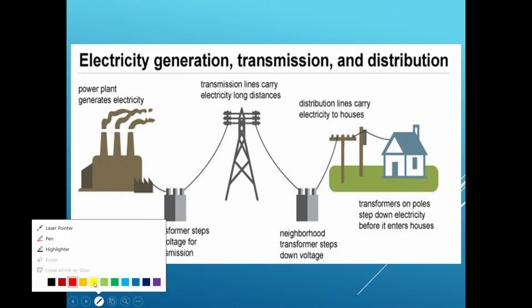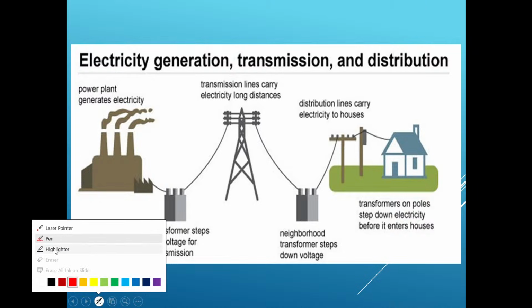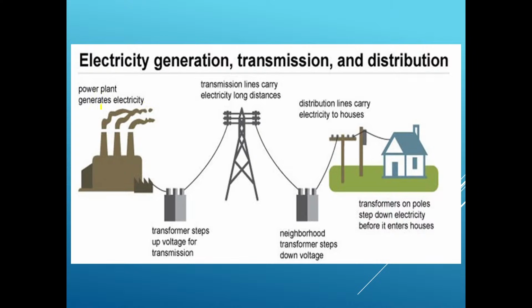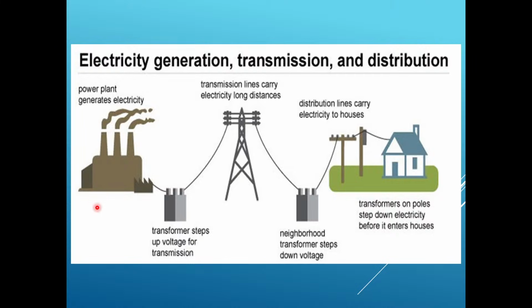If you see in this image, this is the power plant which generates the electrical energy. I will take the highlighter. Whatever power is generated in this power plant is given to a step-up transformer.